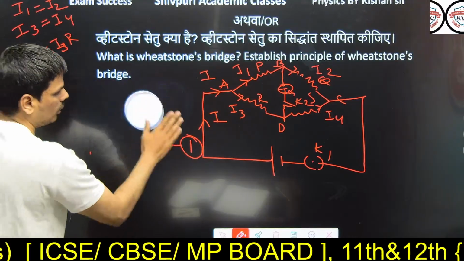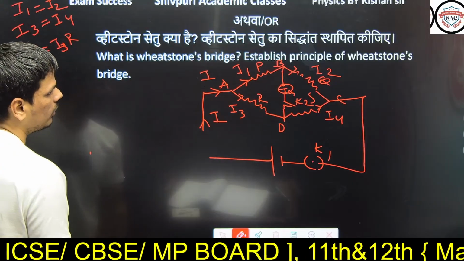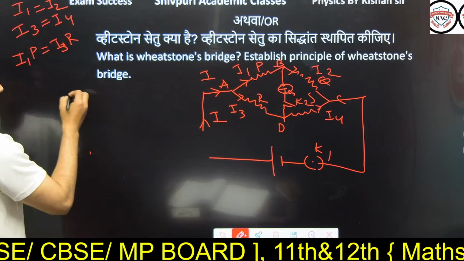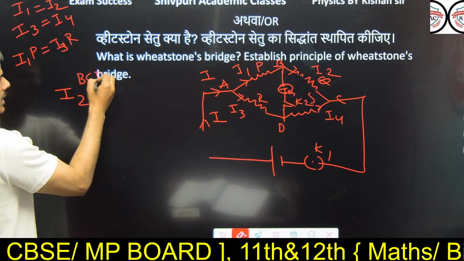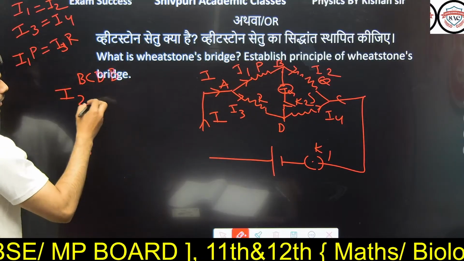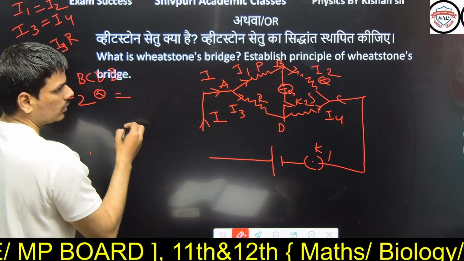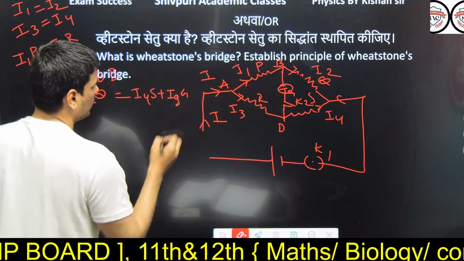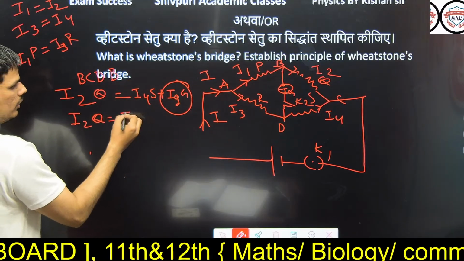Now in the closed loop BCDB, for this the going one is I2Q equals I4S plus IgG. But in the condition of equilibrium, we will get I2Q equals I4S.